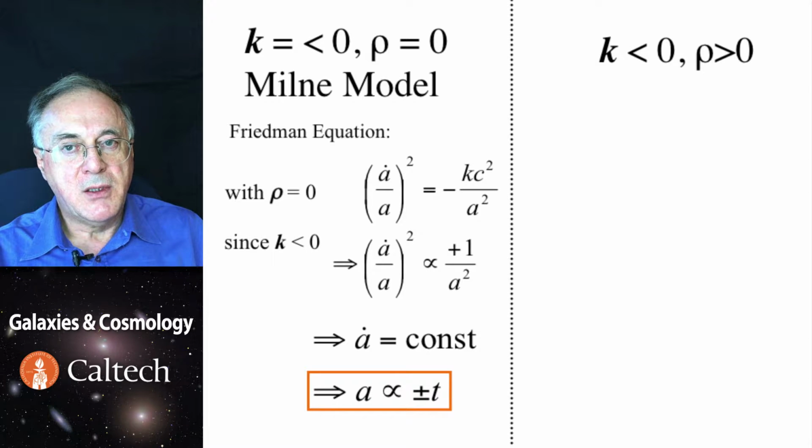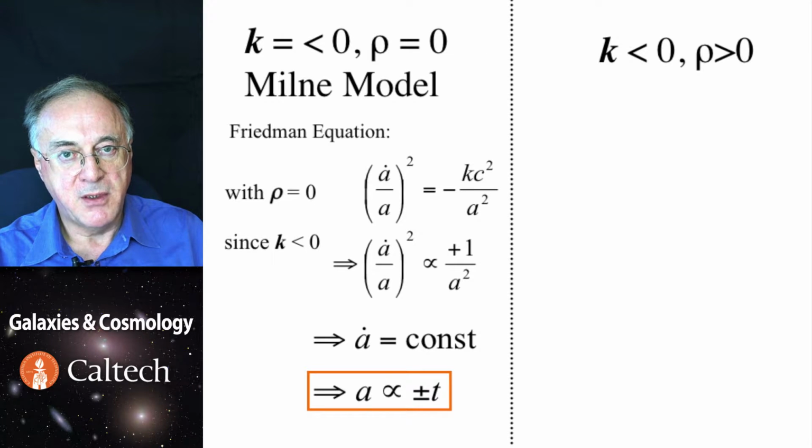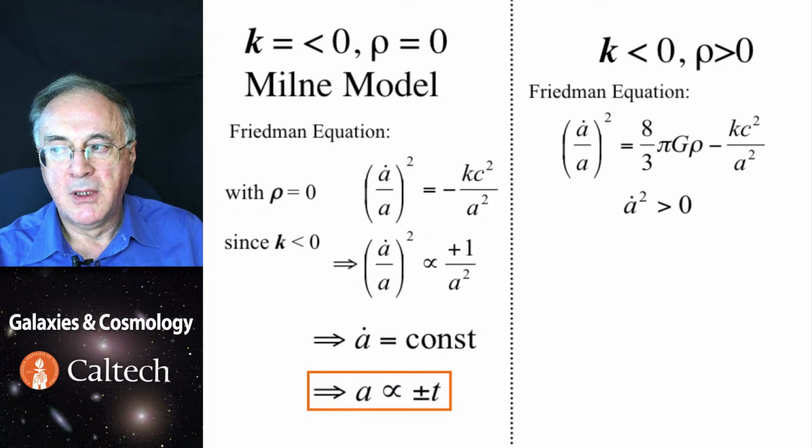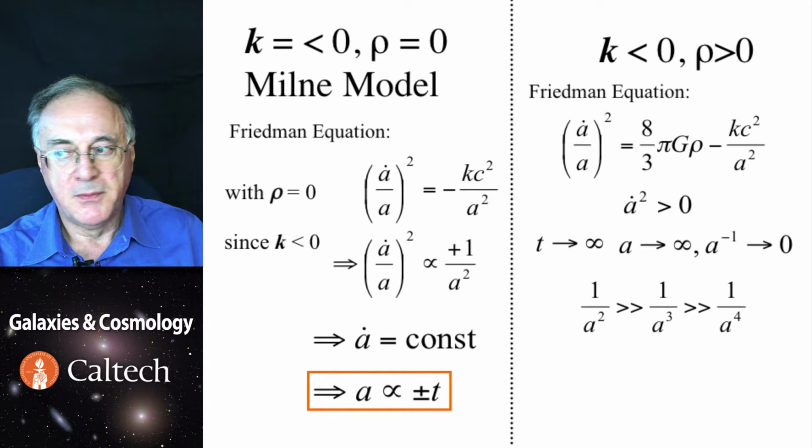All right, now let's consider a slightly different version of that. Again, the curvature constant is negative, but this time density is finite and positive. The Friedmann equation is now shown here. And this time, the square of the time derivative of scale factor is positive. Well, as the universe expands, time goes to infinity, the scale factor will go to infinity, and 1 over the scale factor will go to 0.